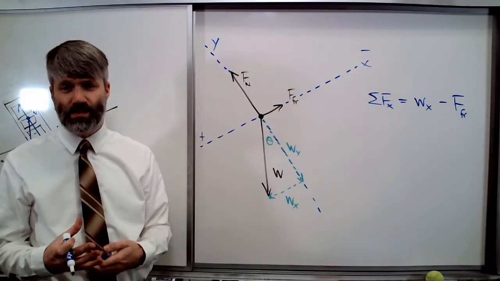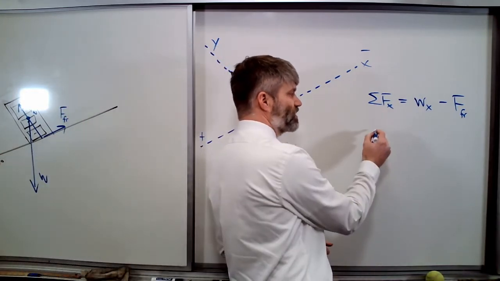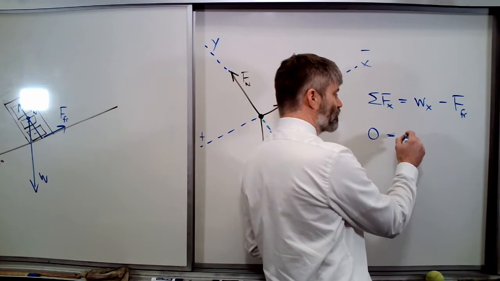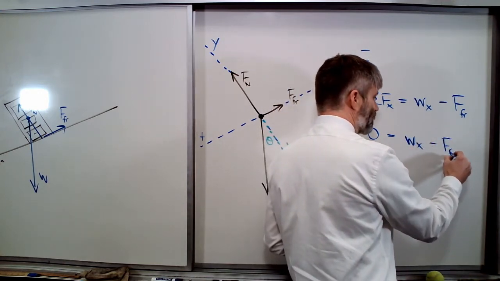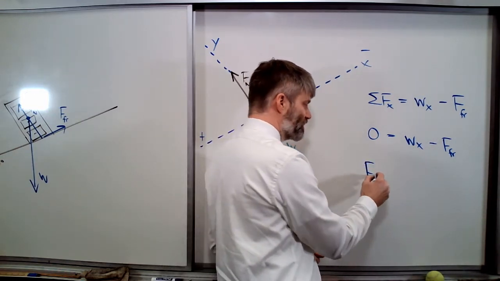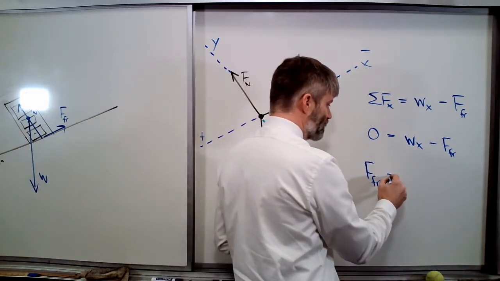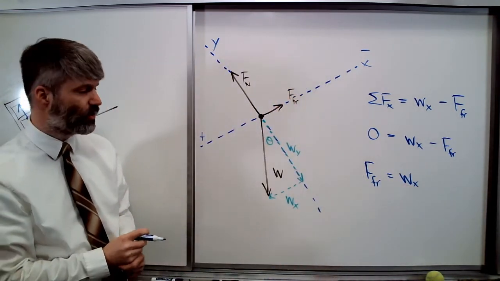Knowing that the object has not started sliding yet, that its acceleration is 0, that means the net force on it is 0 as well. So we've got Wx minus the force of static friction. And we'll see that the force of friction in this case is equal to the x component of the weight of the crate.